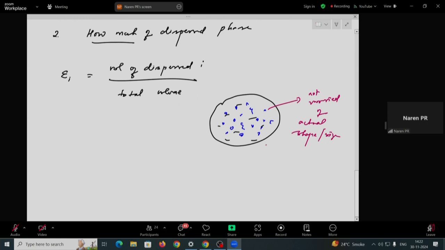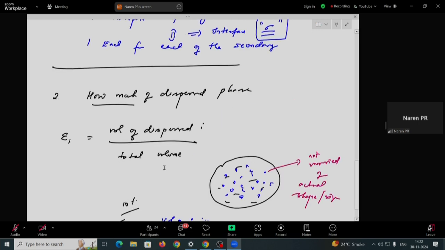But what we want to know is the volume of whatever I have represented as the blue phase divided by the total volume. Is it 10% of this space occupied by the dispersed phase, or 1%? This is what is of interest.